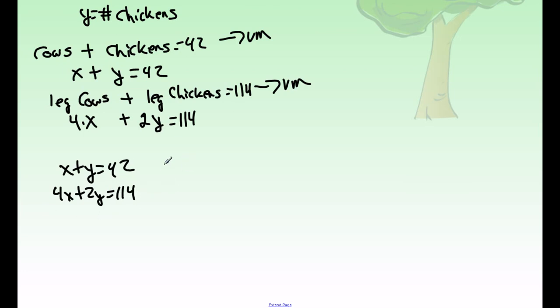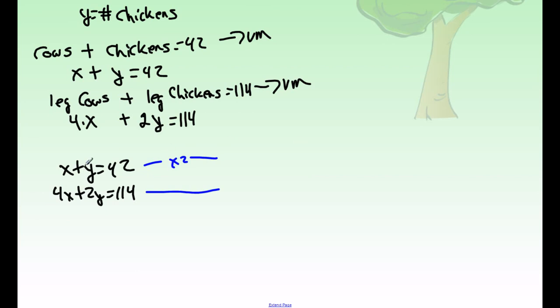If I take my top equation and multiply by 2, and I leave the bottom one the same, I'm going to have the same coefficient of y, which means I can eliminate the y's and go from there. So that's what I'm going to do.